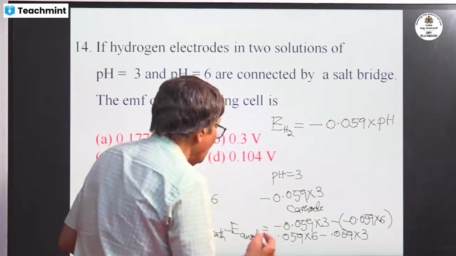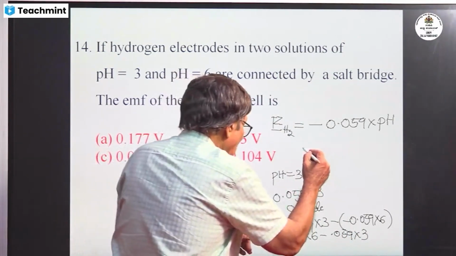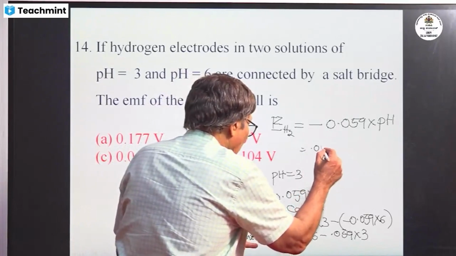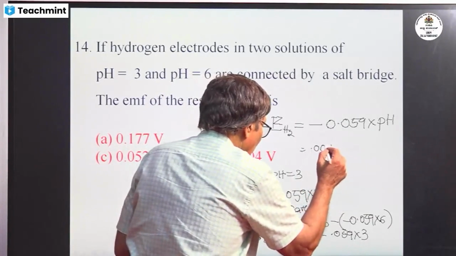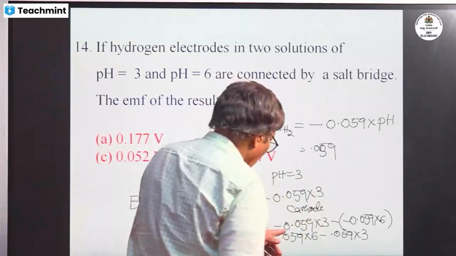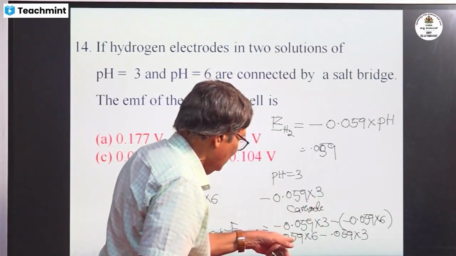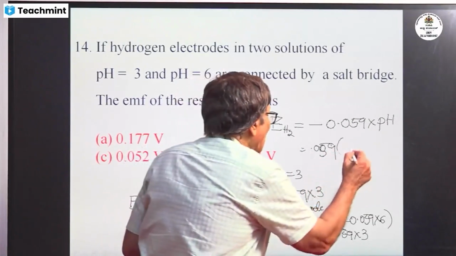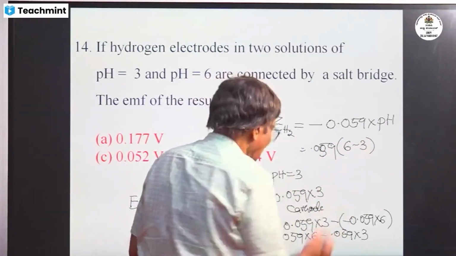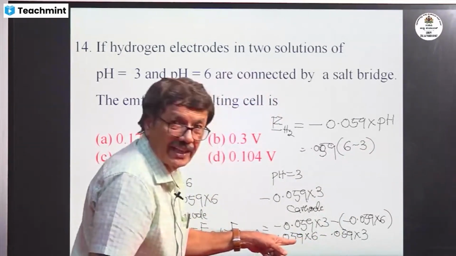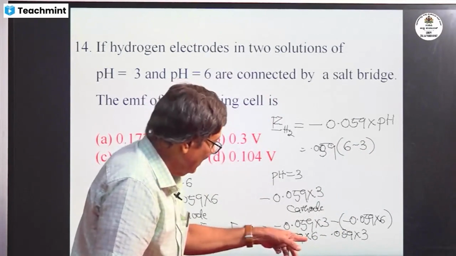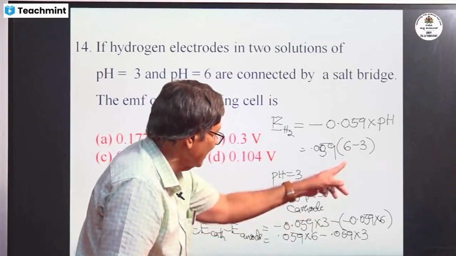I'll take 0.059 as the common factor. From these two terms, I took 0.059 as a common factor, then into bracket 6 minus 3, which is 3.